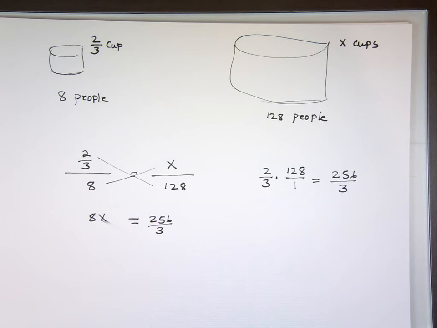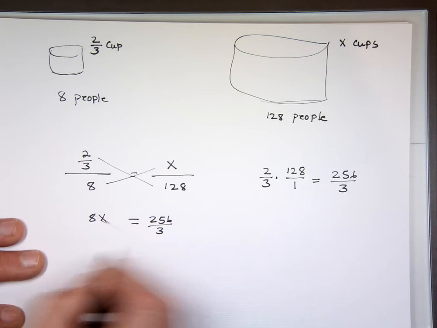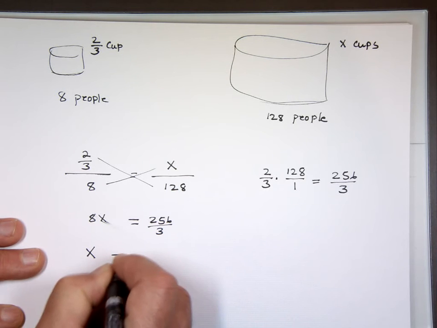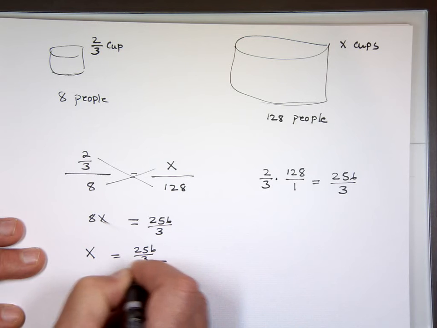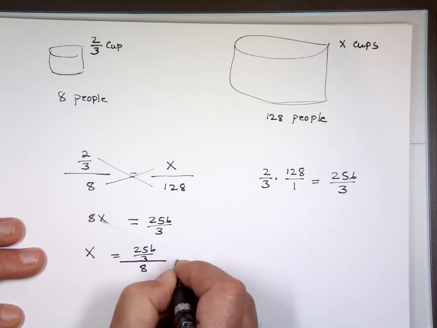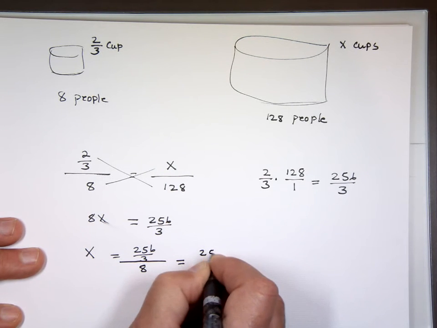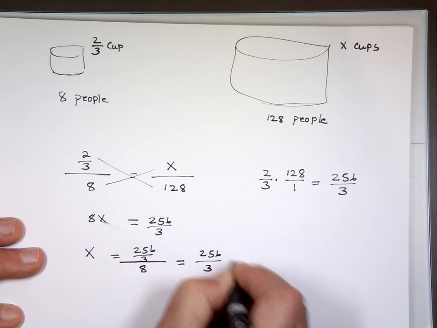To solve for x, what are we going to do? Divide, right? 256 over 3 divided by 8. Well, 256 over 3, it reads divided by 8.